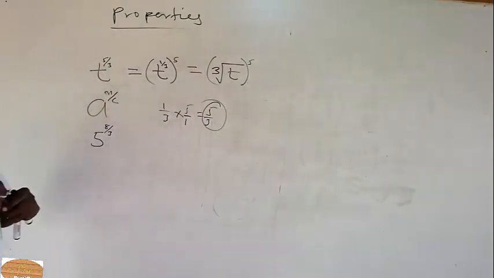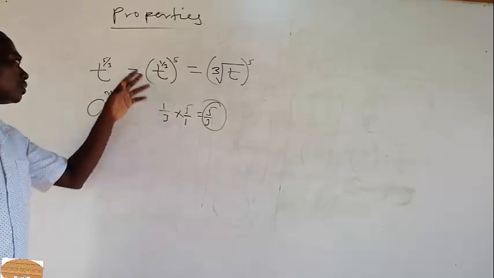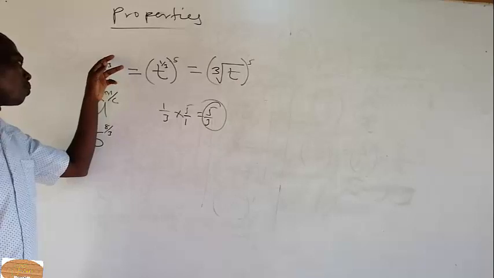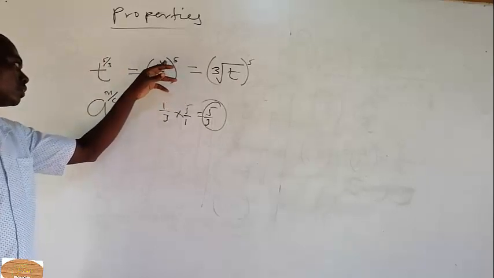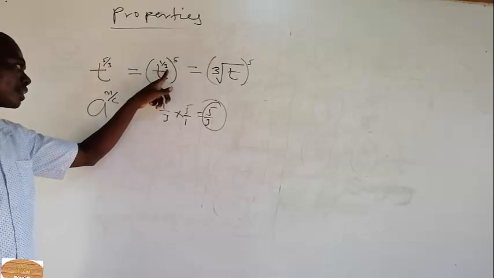You don't want to confuse yourself. That is how you go about it: always bring the top one out. So we are left with 1 times 5, which is 5, and we know 1 over 3 is the same as the cube root.